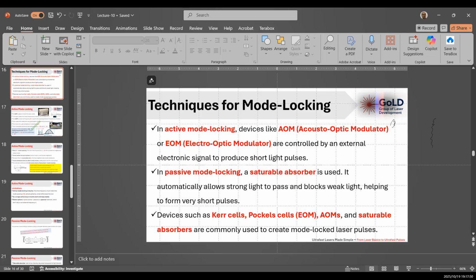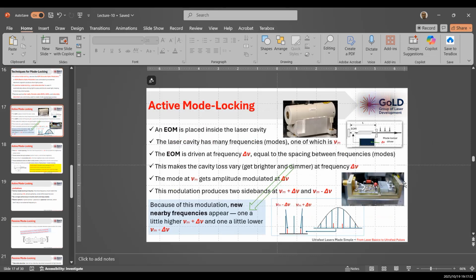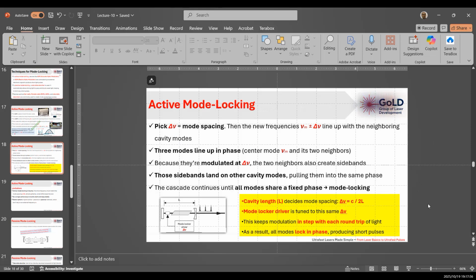There's a formula, which I mentioned before, that is c over 2L. So the length of the cavity and the speed of light, and then you can find these modes in a simple way. There are some other things that I will mention later, but at the moment this is the simplest way.